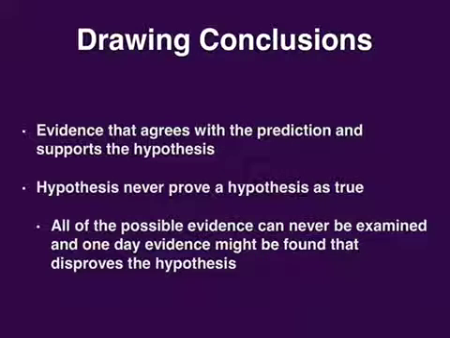The next part of the scientific method is to draw conclusions. The evidence that agrees with the prediction supports the hypothesis. In our particular case, the hypothesis is never proven as true. We don't like to say the word proven because that kind of indicates that it can't be disproven, never ever in the future. So maybe sometime down the line, life events or natural events could change, and now the owls have figured out that the eye spots are pretty well meaningless, and they will start to eat the moths with the eye spots too.